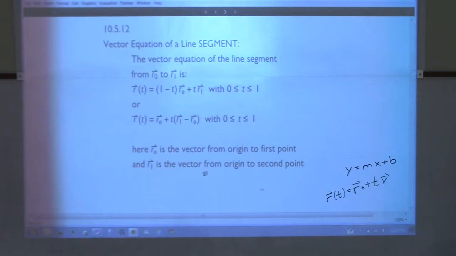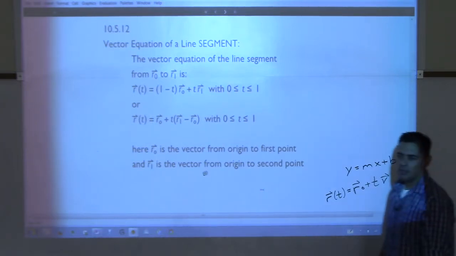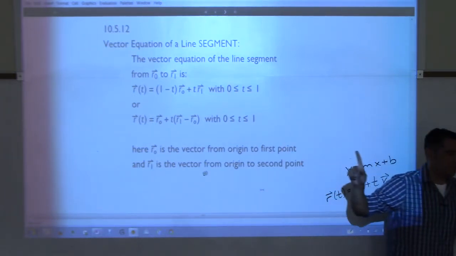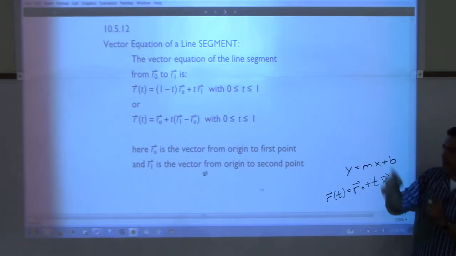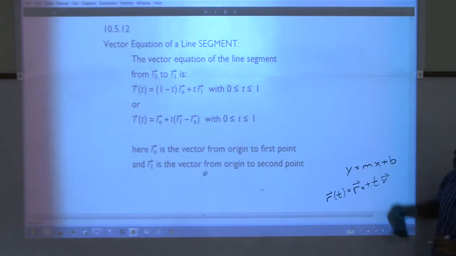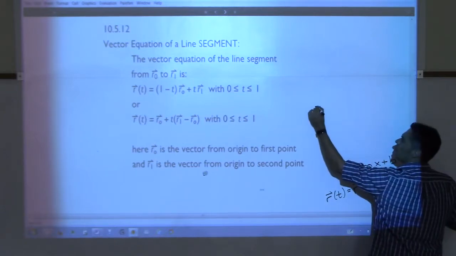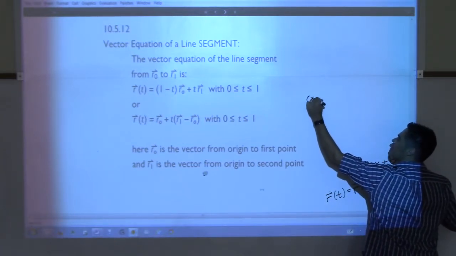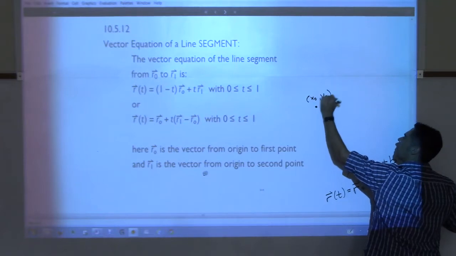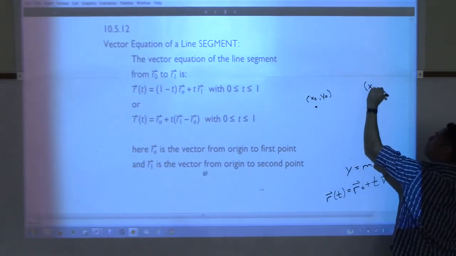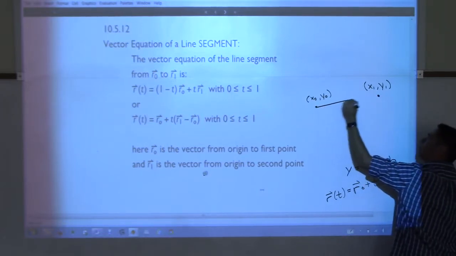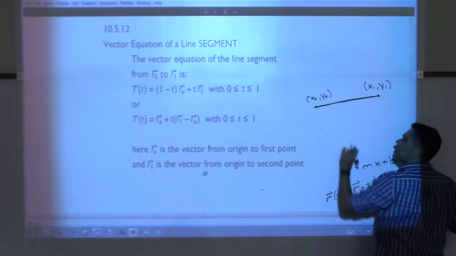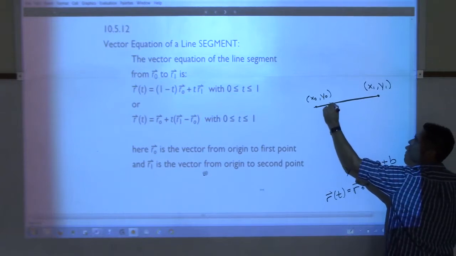All right. The difference between a line and a line segment is, the line goes in both directions forever. Sometimes we only want to draw just a piece of a line. So if you're given 2 points, let's say points, not vectors, x naught, y naught, and x1, y1, and you want to draw the line segment, and we can even draw a little bit of a direction on this.